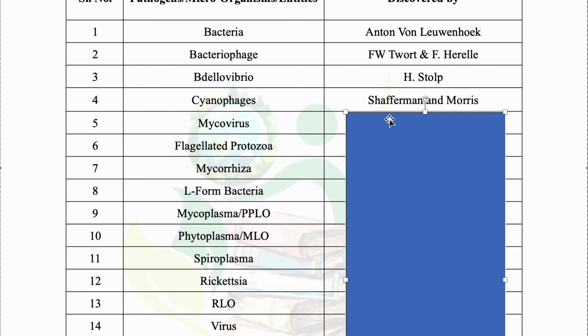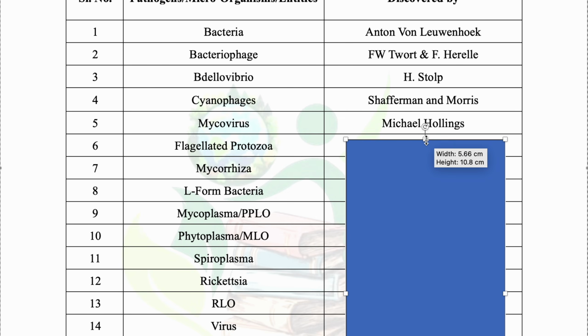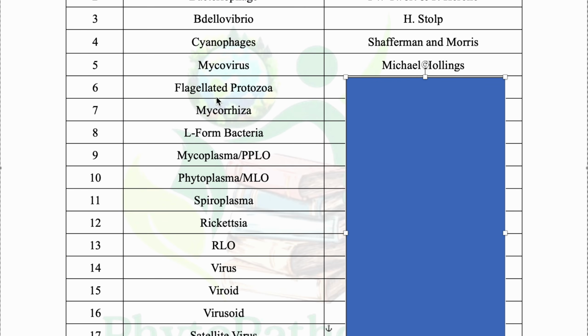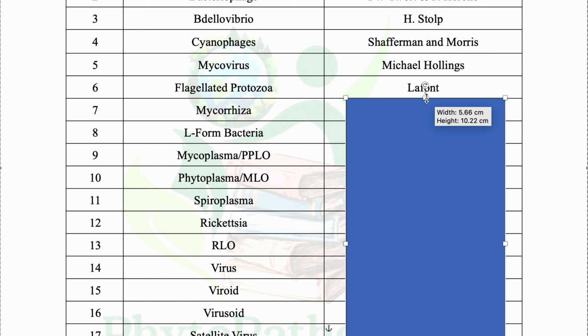I remember one of the names, okay? Cyanophages, discovered by Safferman and Morris. Mycovirus by Michael Hollings. That's right. Why is it moving up? Okay. Flagellated protozoa by Leeuwenhoek. Correct. Next, mycorrhiza by Frank.